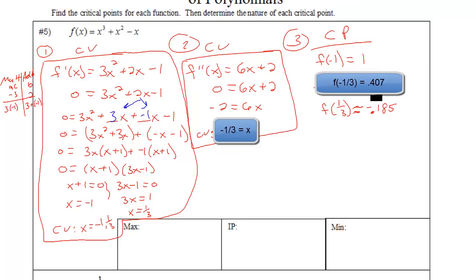For -1/6, it's 0.190. These are approximations. So we got critical points of -1, 1, then -1/6, 0.190, and 1/3, -0.185.